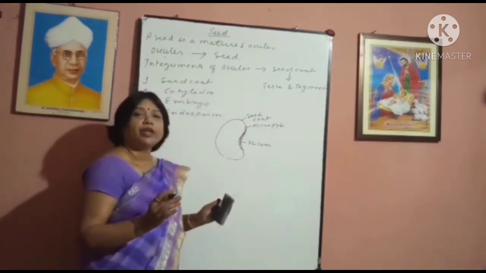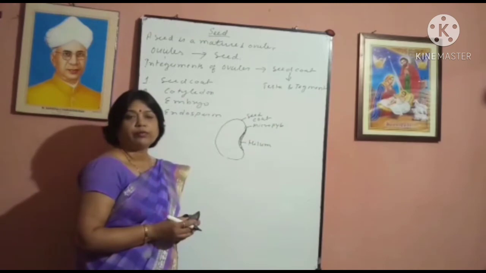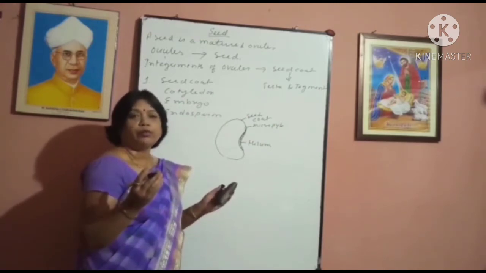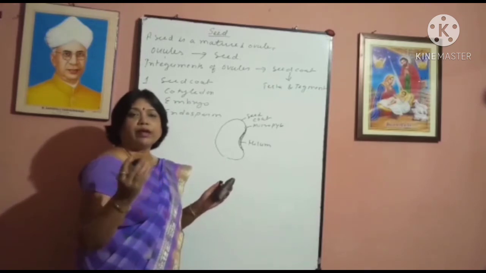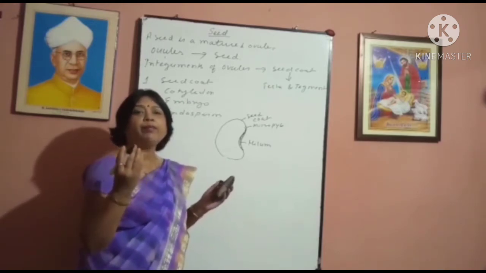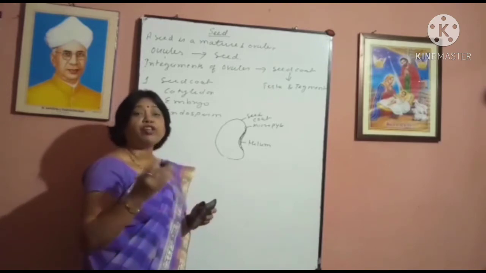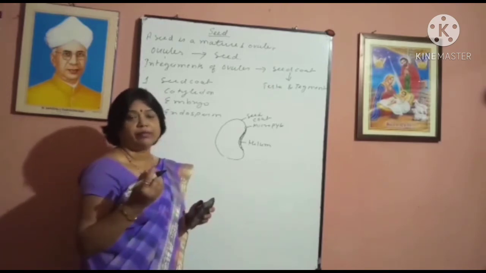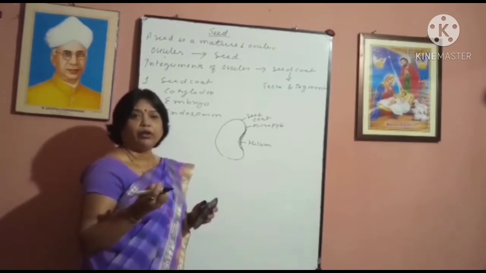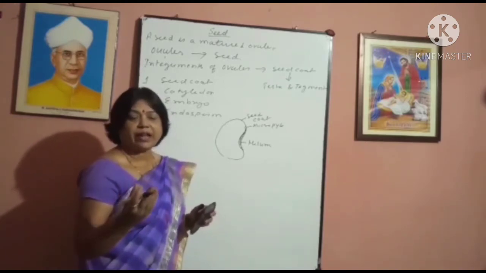When we remove the seed coat, we observe a thin membrane-like structure, which is called the tegmen. Actually, the seed coat is the hard, outermost part, which is also known as testa.